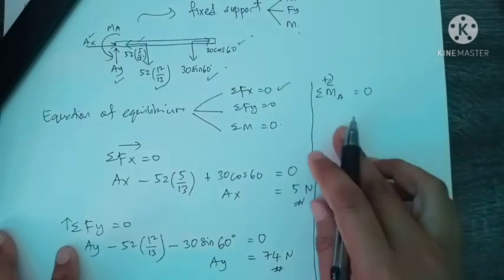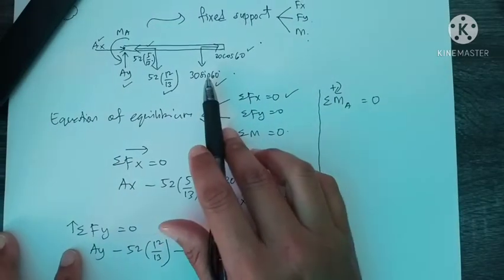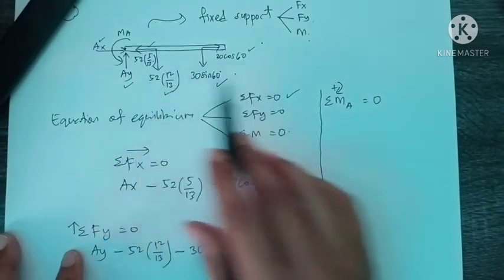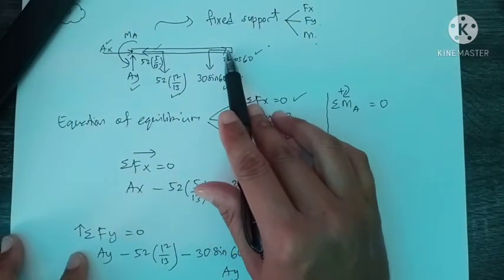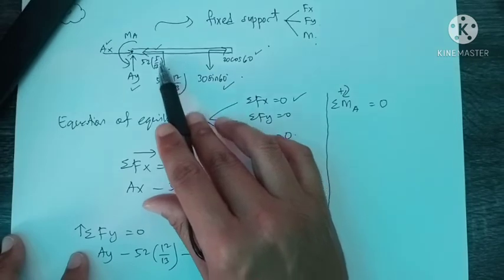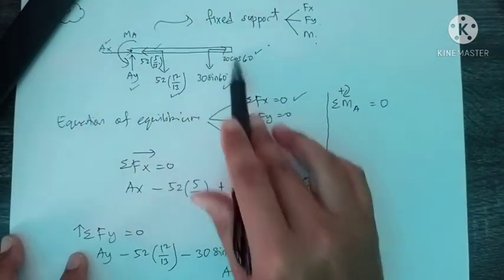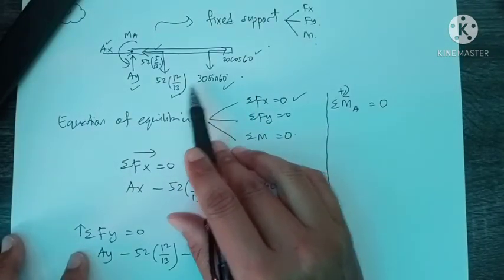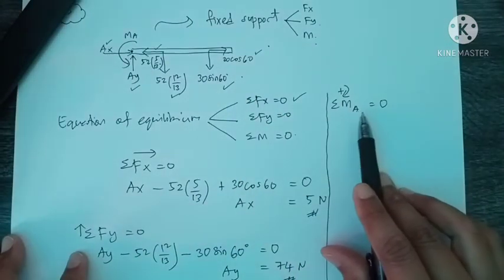Now we will collect all the moments that can be produced in this rigid body. We have many forces here: 1, 2, 3, 4, 5, 6. There are 6 forces in this FBD, but not all the forces will give a value for moment.